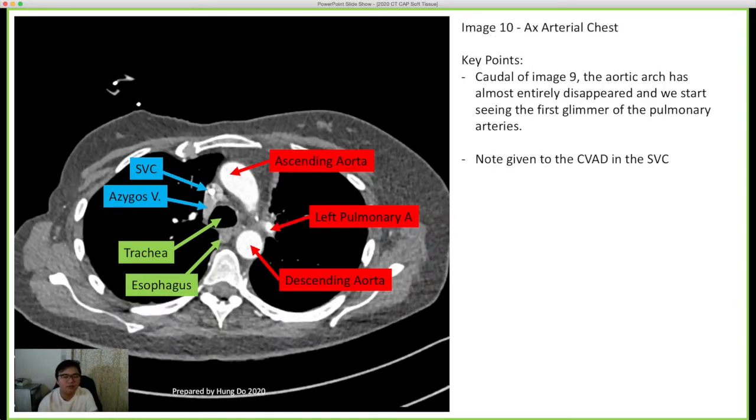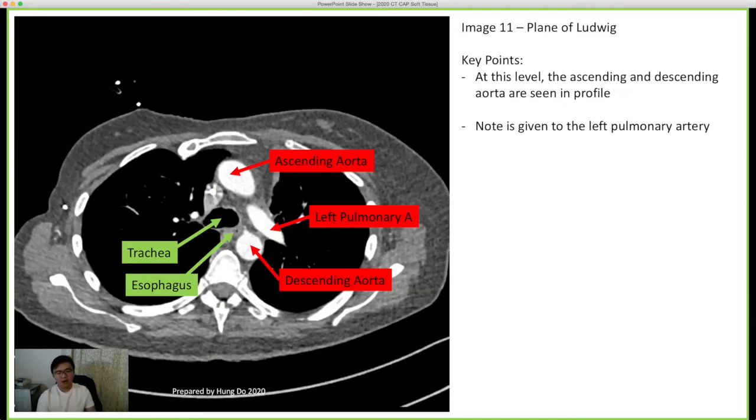All right, moving further down. Moving further down, you can start seeing the pulmonary trunk appear. The left side is often visible first because the heart is quite high and it sits on the left side, so it pushes everything up.